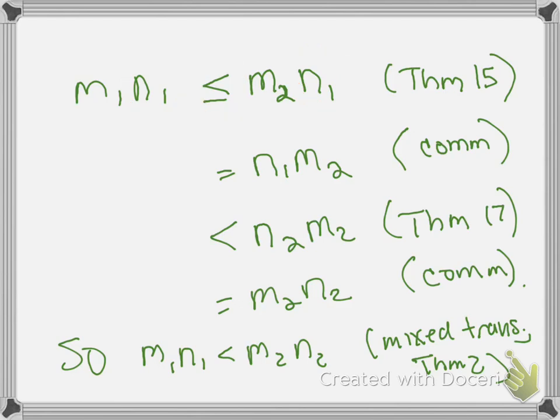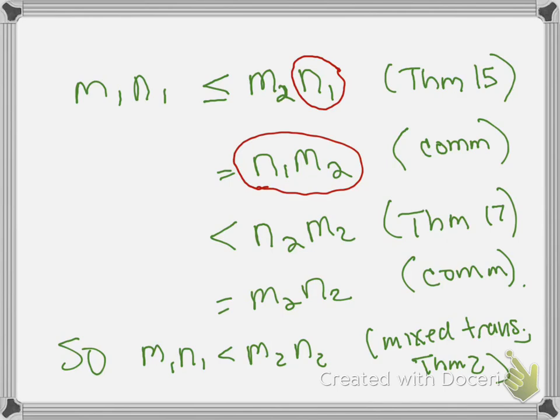The next thing is I would like to replace the n1 with an n2. So the first thing that we do is we use the fact that multiplication is commutative to put the n1 in the first position.